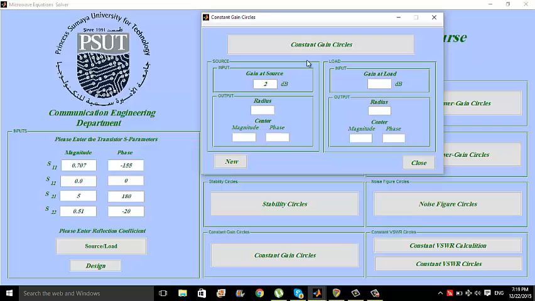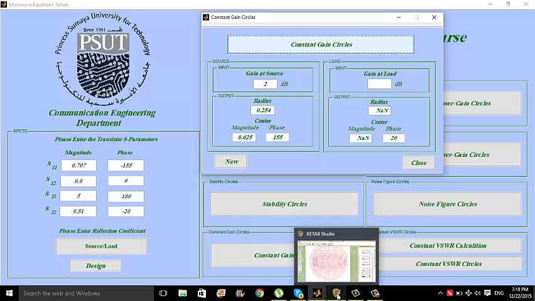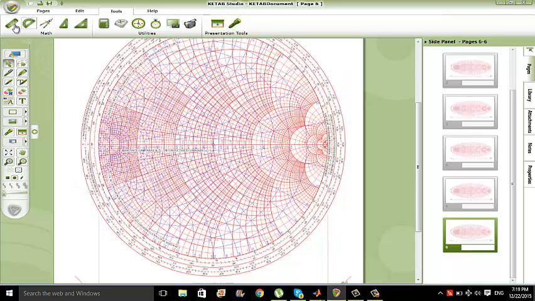Now for the constant gain circle at 2 dB, the radius equals 0.254 and the center equals 0.625 at 155 degrees phase. Now we will use the Kitab program, made by a BSUT student, to draw the circles.